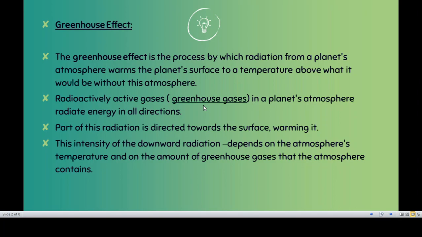So you should keep in mind which are the major greenhouse gases. That is, carbon dioxide is one of the very major greenhouse gases. So these greenhouse gases, what they do, they try to capture or hold on to this radiation. So basically greenhouse gases have two main roles.